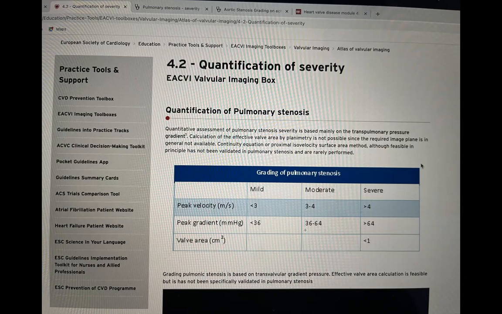What is the indication for intervention if they ask? Symptomatic, or gradient, as we told already: asymptomatic but the gradient is more than 60.